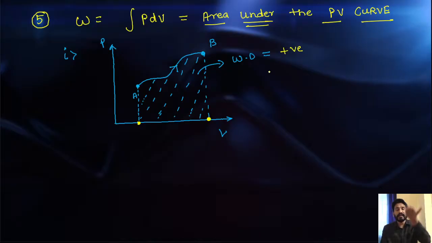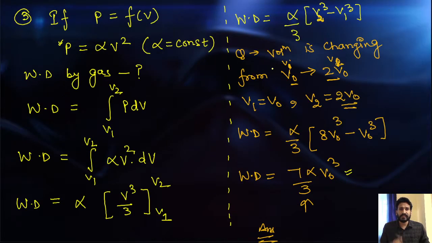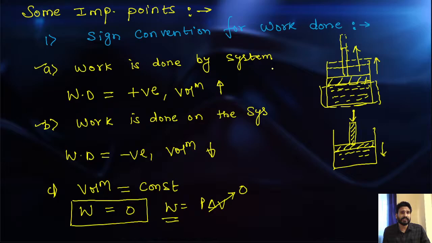When there is an increment in volume, it means it is the work done by the gas, and work done by the gas is positive, right? So very simple. If you know that there is expansion, then work is positive. Expansion means the increment in the volume.